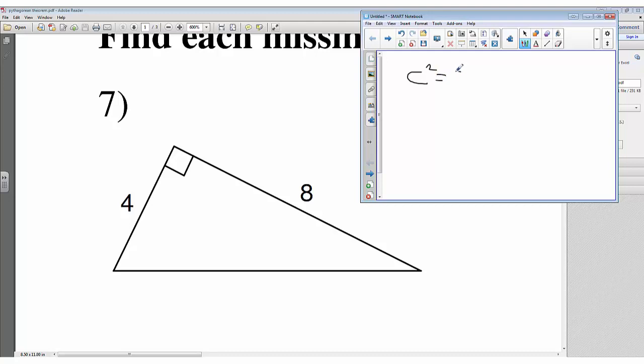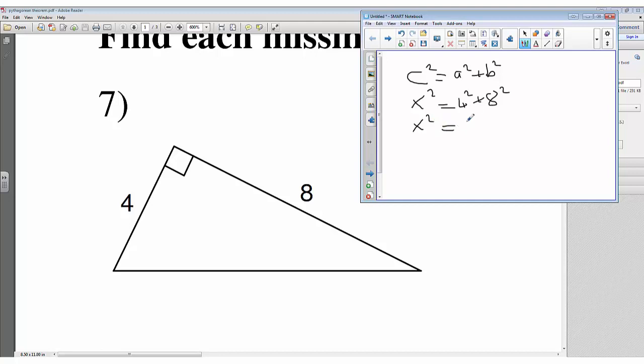C square equals a square plus b square, and in this case c is x, a is, let's say, 4, so x square equals 4 square plus 8 square. I am still working on one single question. This is question number 7.